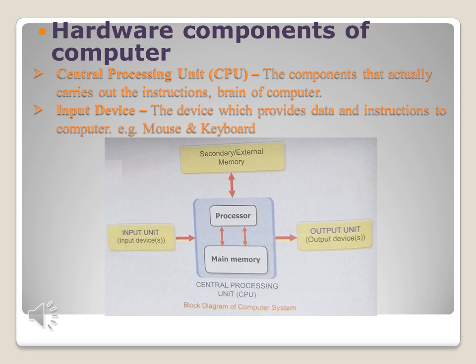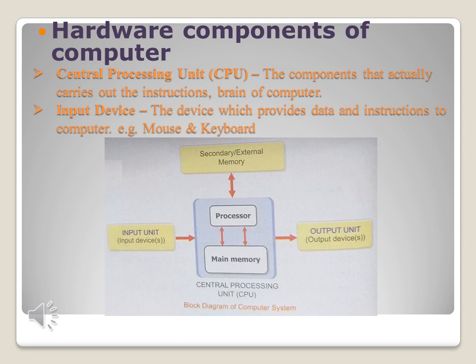The third one is output devices. Once we give the data, it will be processed, and after processing, the output will be generated. That output will be displayed in different output devices. For example, monitor and printer. Fourth one is the memory.